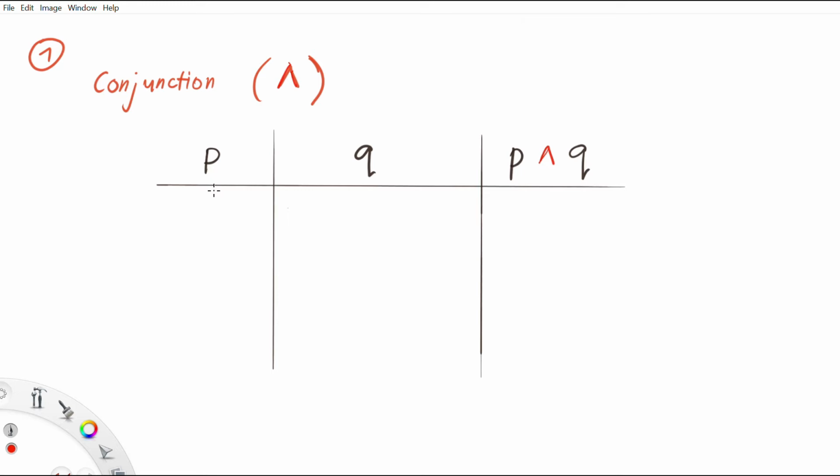If we have a compound proposition P, which is proven to be true, and a compound proposition Q, another one, which is also true, what is P and Q? It is true. True and true is true.